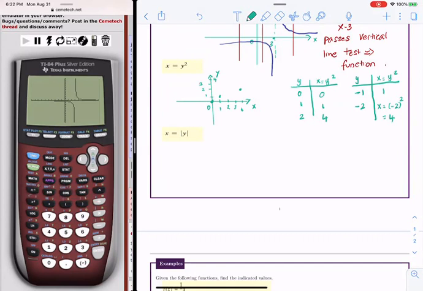Likewise, when y is -1, x is 1. When y is -2, x is 4.